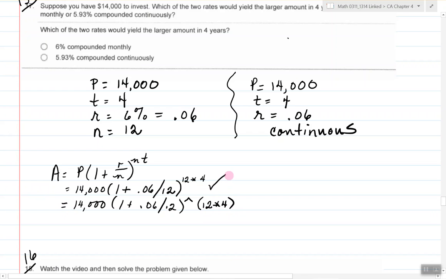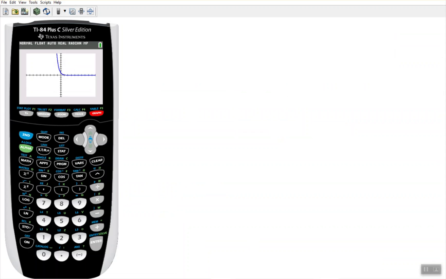All right, so go to your calculator, and I'm going to completely clear off my screen, and I have on my home screen 14,000, open parentheses, 1 plus 0.06 divided by 12, close parentheses.